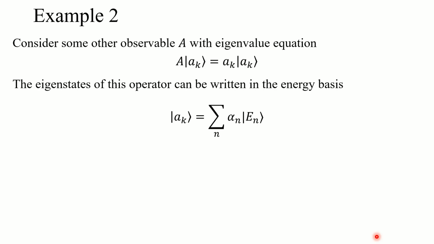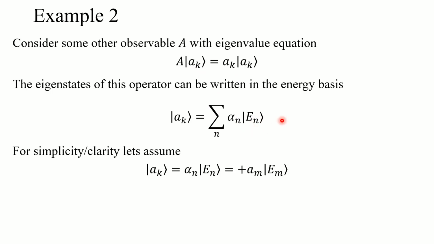Now, because the energy eigenstates form a complete basis, we can expand the eigenvectors of the A operator in terms of our energy basis. Again, these vectors can be written as a linear combination of our energy basis.